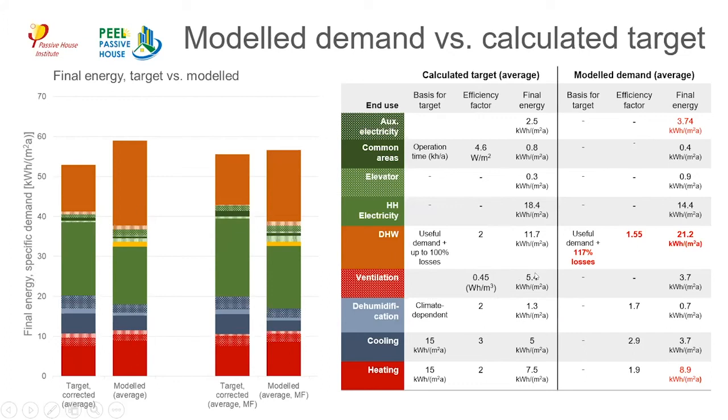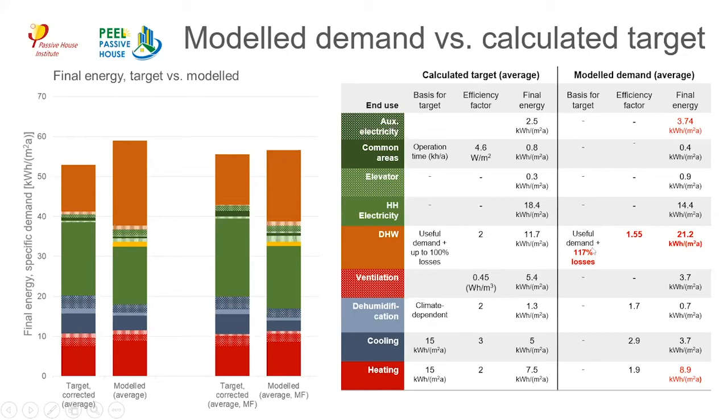And as mentioned, one of the most important takeaways is that, for example, on average, the projects have around 117% additional energy demand just for the distribution losses. We have had different monitoring projects, and it is possible to have distribution losses of less than 40%, and this is what we would aim for as a target.